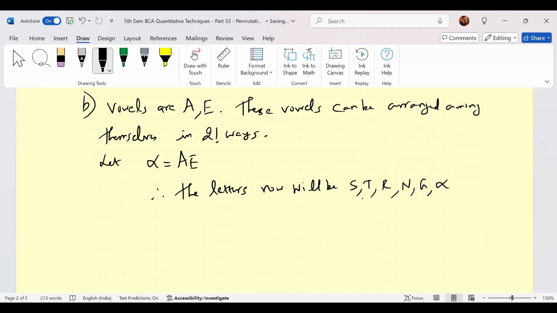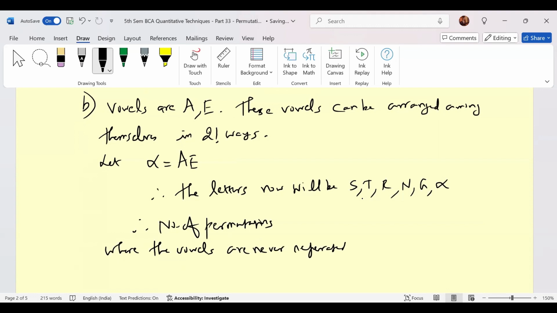That means now it is having 6 letters. Therefore, the number of permutations where the vowels are never separated, means are together, will be 6 factorial and nothing is getting repeated.